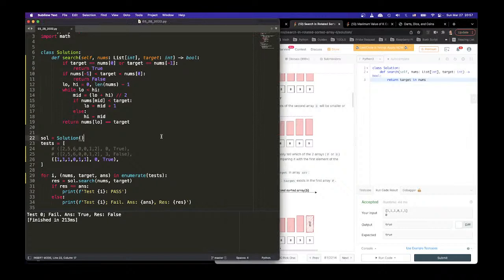What I think the problem is just if these are the same.